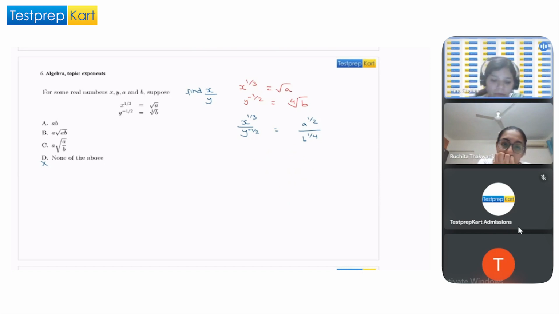We want x upon y. It's 1 by 3, if you're telling me to do cubing on both sides.